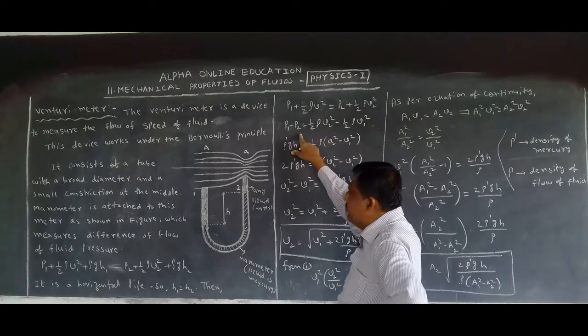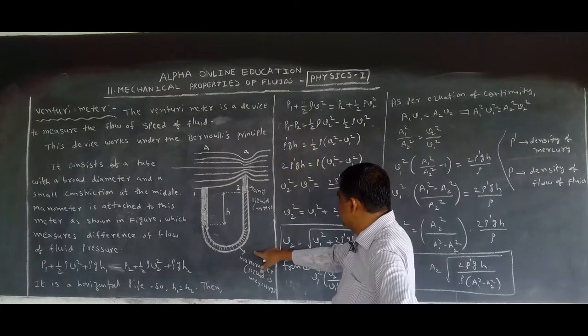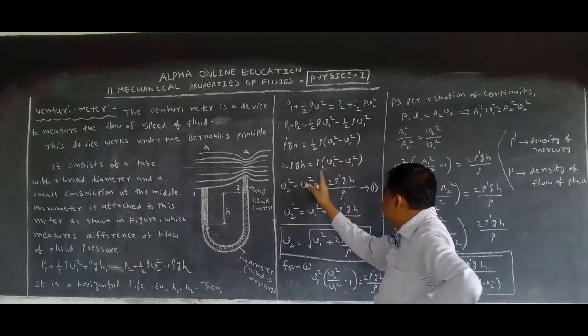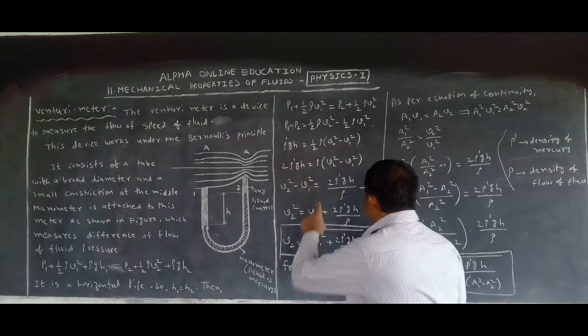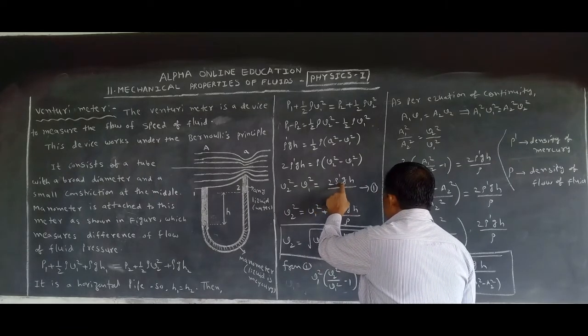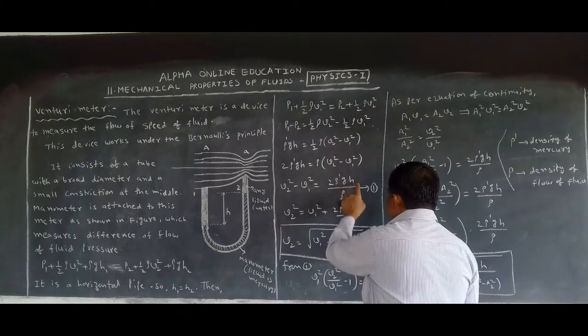P1 minus P2 is rho G H, but the rho here is of the mercury, so rho dash G H. So we get V2 square minus V1 square is equal to 2 rho dash G H by rho.